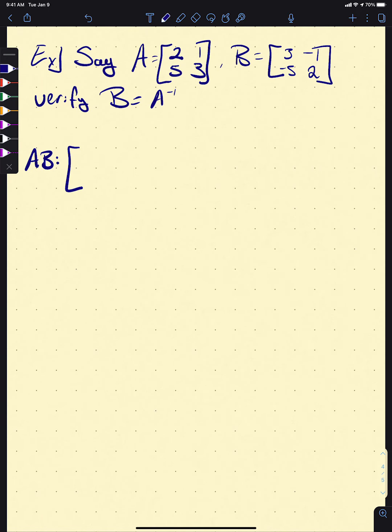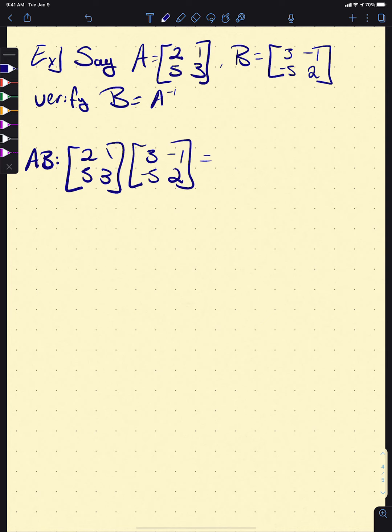So let's look at this. A is 2, 1, 5, 3. B is 3, negative 1, negative 5, 2. So what happens when we multiply these? Well, in this entry right here, we're going to have 2 times 3, which is 6. Looks like minus 5, so that's a 1. It's a good start. Right here, it looks like we have negative 2 plus 2 for 0.